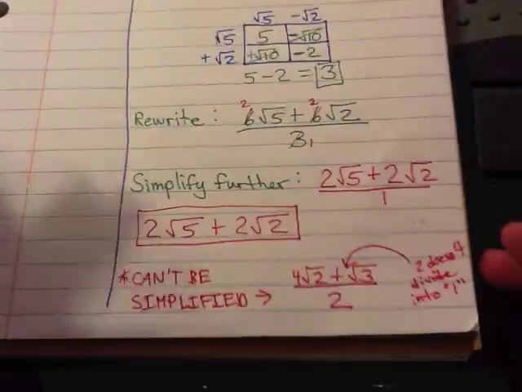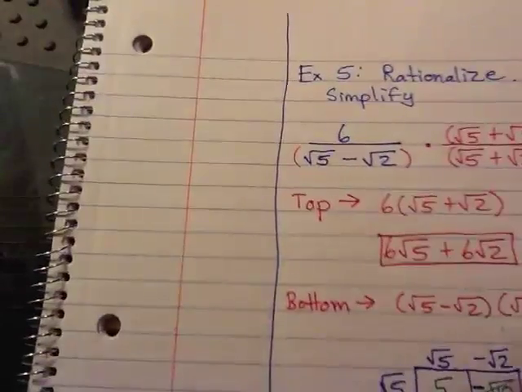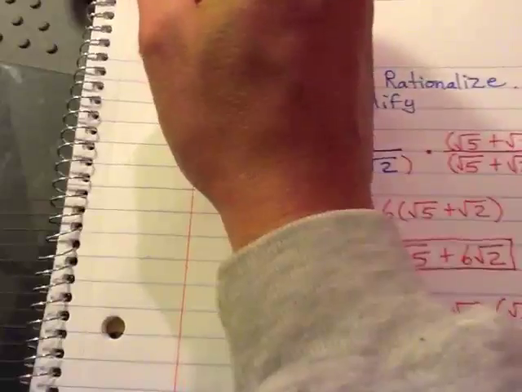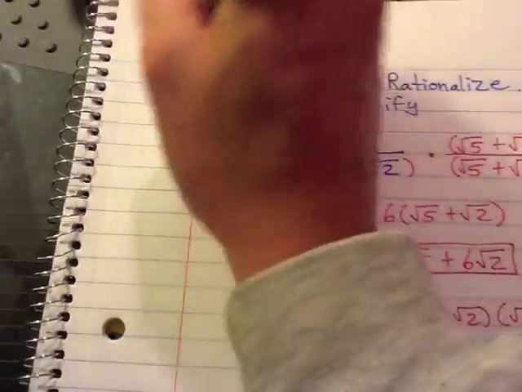Okay, so again I said these were called conjugates. So we're going to write some stuff on the left. Kind of a funny word.